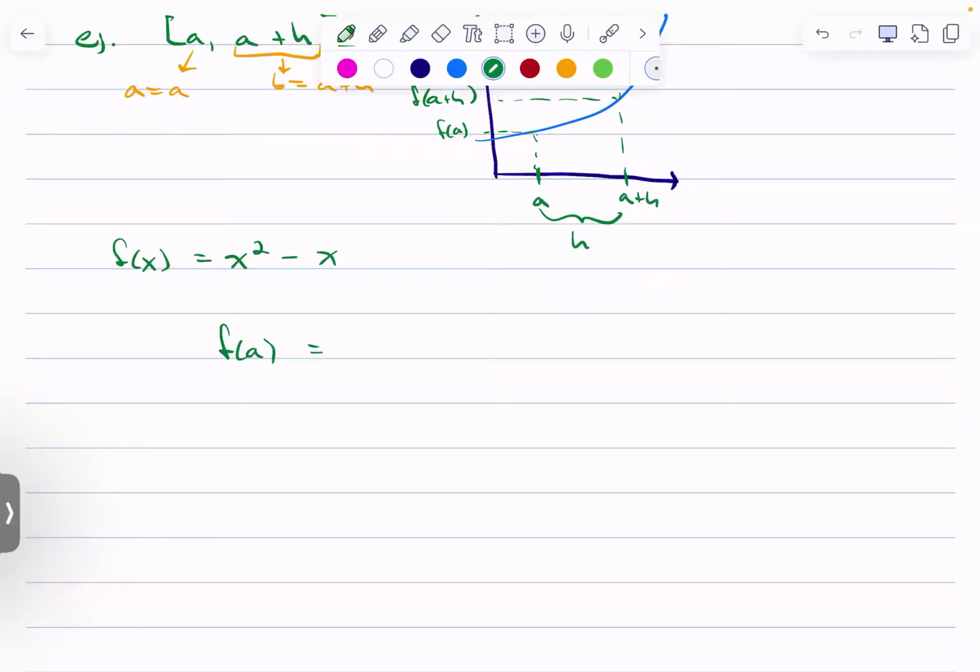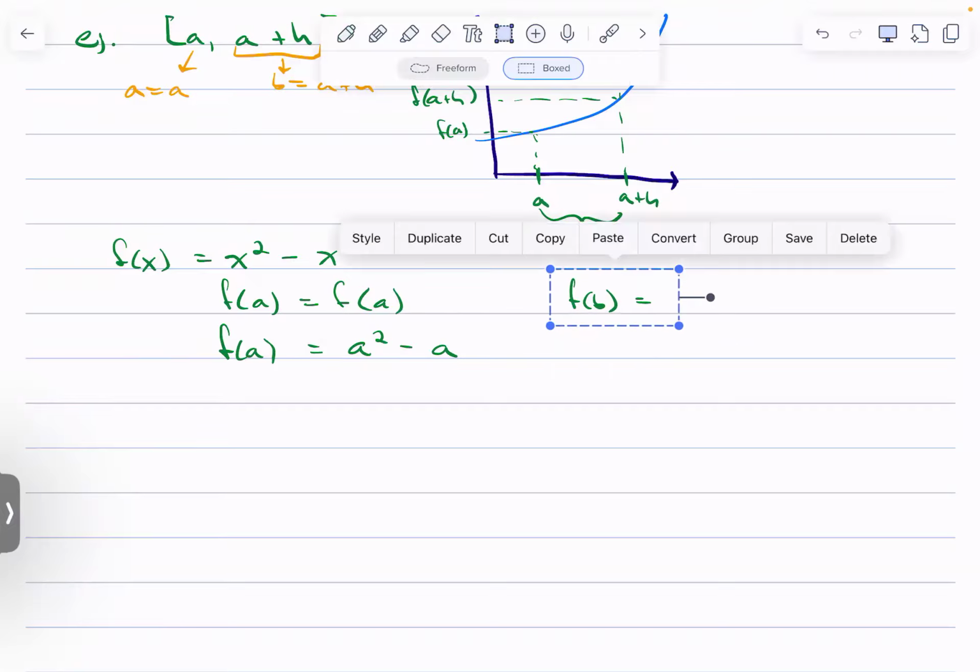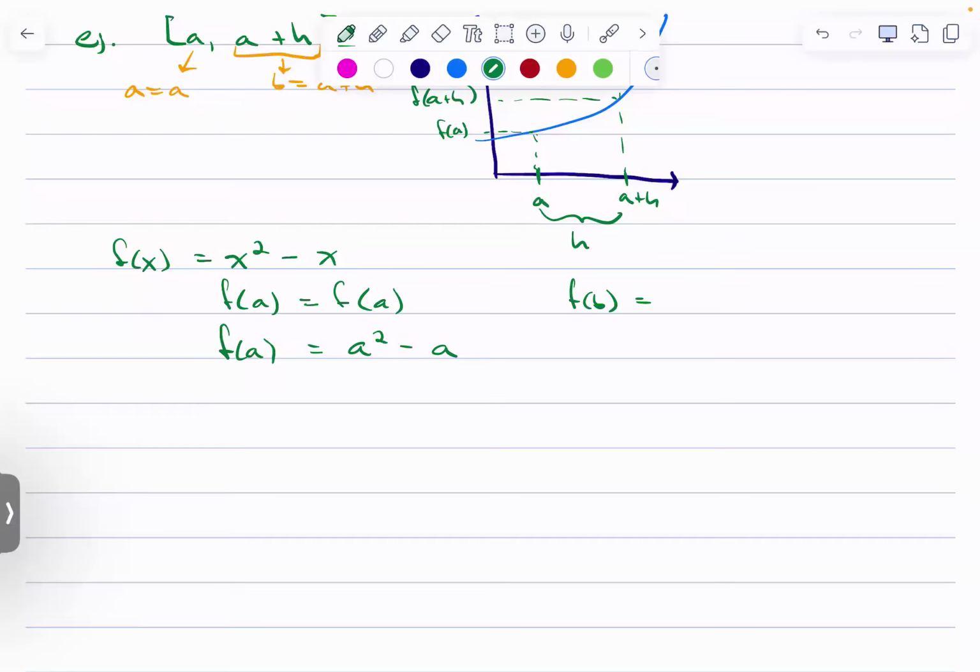f of a in x squared minus x is a squared minus a. f of b is, I'll clarify here. Sorry. f of a equals f of a, whereas this is just for properness.